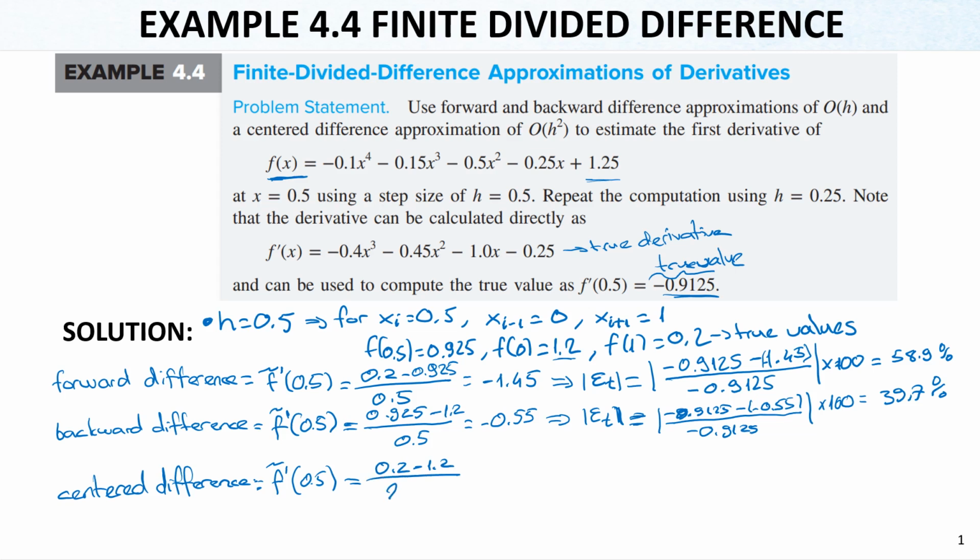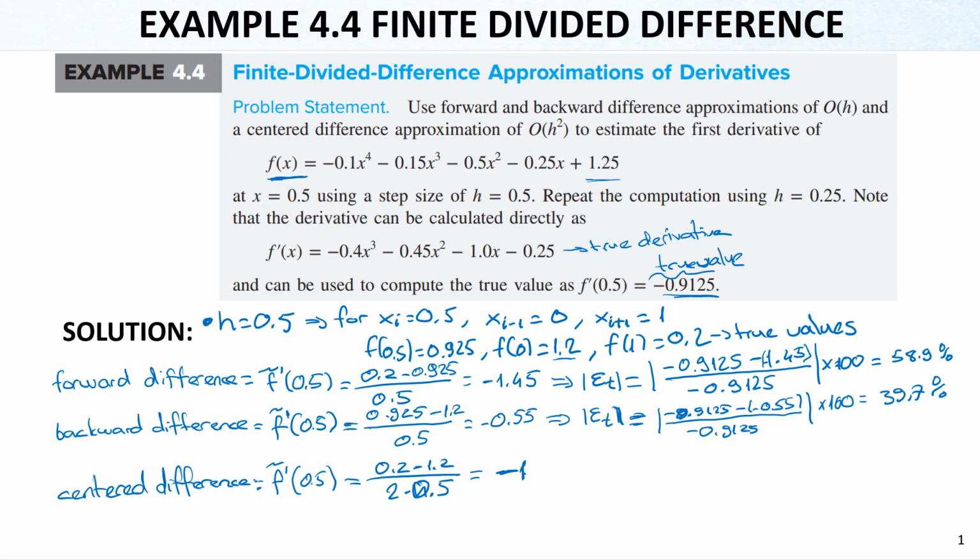That's important. Here the difference is between i minus 1 and i plus 1. There is i between them, and the differences are two time steps. And this step is 0.5. That's why the bottom part is 1 actually. And the result here is minus 1.